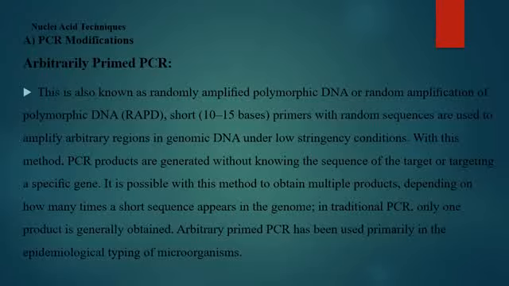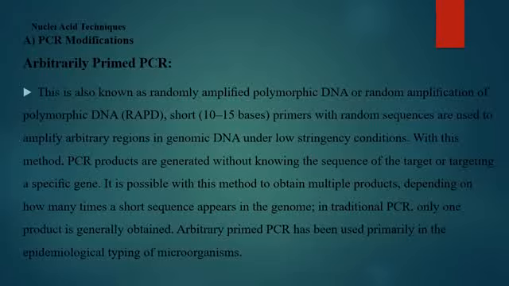Then we can be talking about arbitrarily primed PCR. This is also known as randomly amplified polymorphic DNA or random amplification of polymorphic DNA, RAPD. Short primers with random sequences are used to amplify arbitrary regions in the genomic DNA under low stringency conditions.